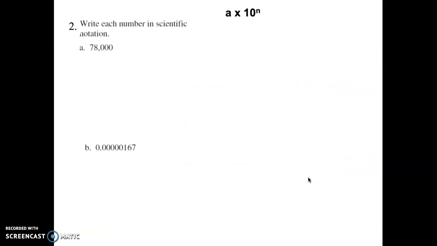Can you write each one of these numbers in scientific notation? Pause the video, give it a try. On part A, I have a large number, so my exponent on my power of 10 has to be positive.